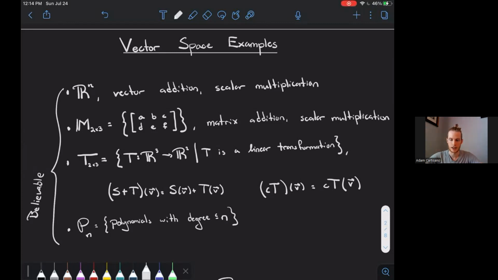Those are the operations that we're using to define the M23 vector space. Sometimes you'll see this one written as M and then just the numbers 2, 3, or like Mnn for the space of n by n matrices or something like that.